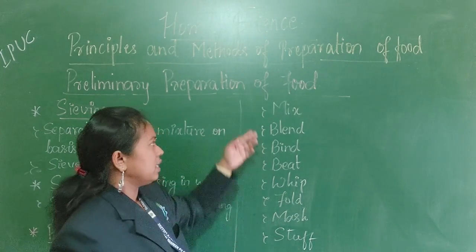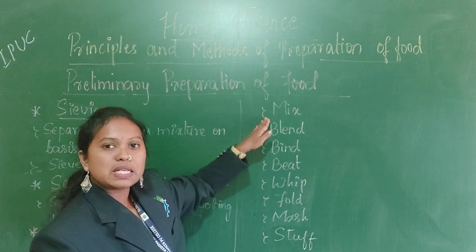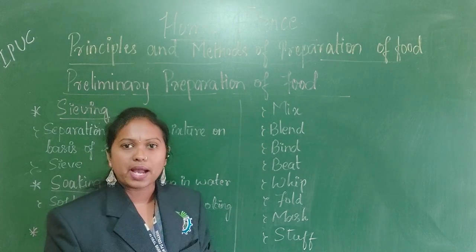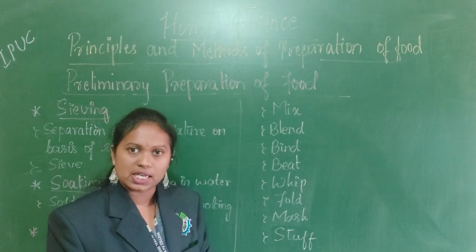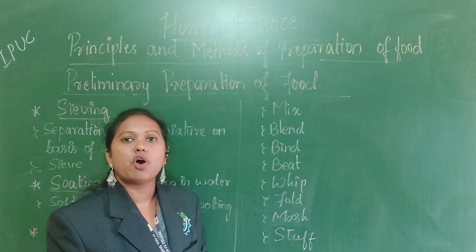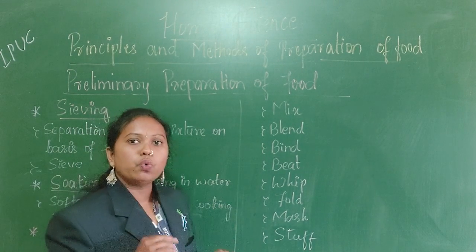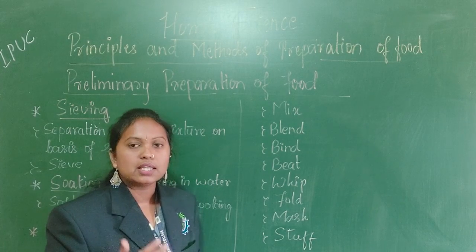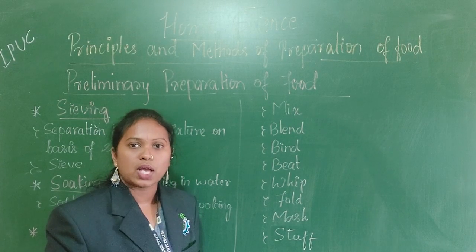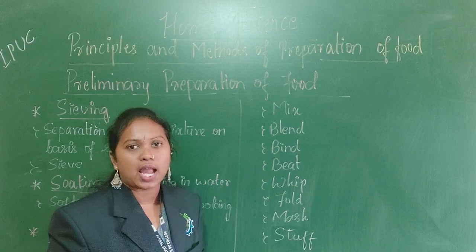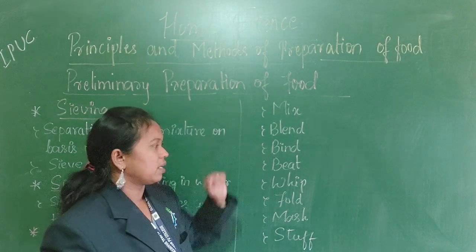The very first one is mix. Mixing means to combine various ingredients to make a uniform whole. Blend means two or more ingredients that are thoroughly mixed so that they lose their individual identity. Bind.